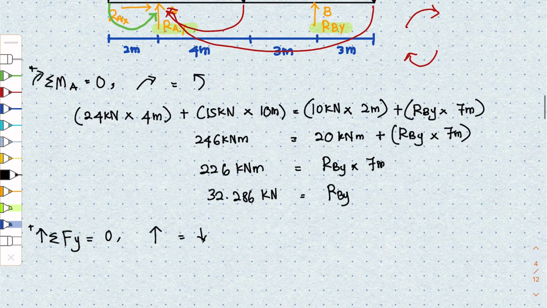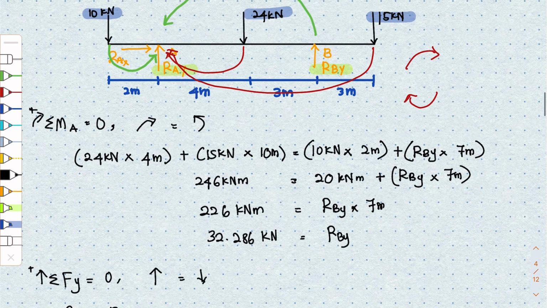So kita boleh masukkan, kita tulis RAY yang naik ke atas dulu plus RBY equal to yang turun bawah, 10 kilonewton yang highlight biru tu plus 24 kilonewton plus 15 kilonewton.